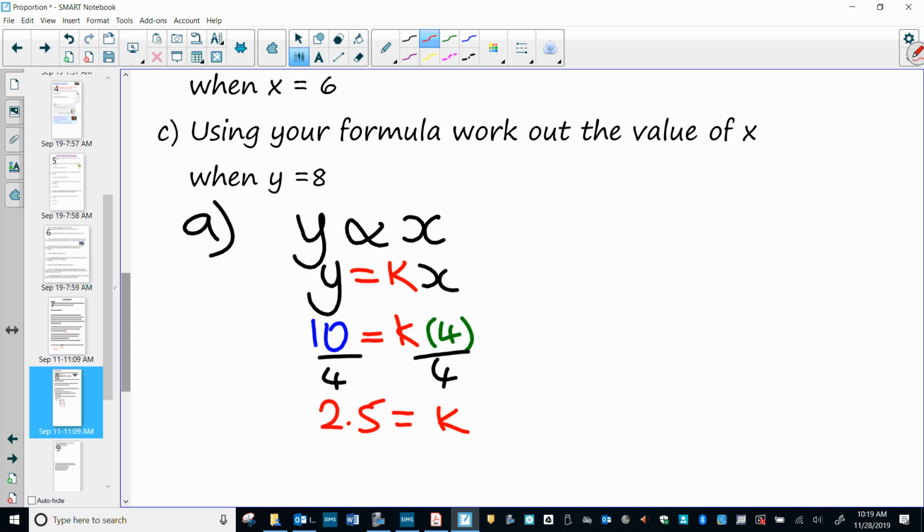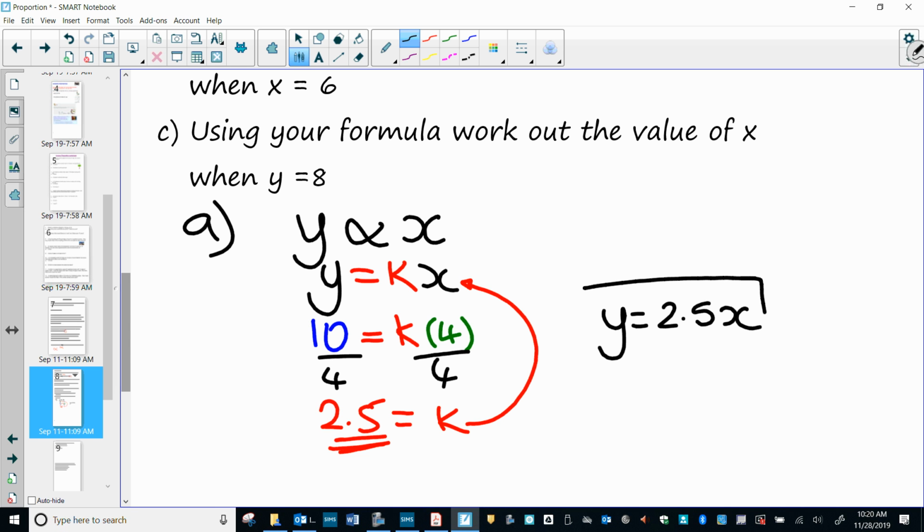Our final step is to substitute this number in place of my k back here. So my final answer is that y is equal to 2.5x. That's the formula that we're now going to use for the remainder of the question.